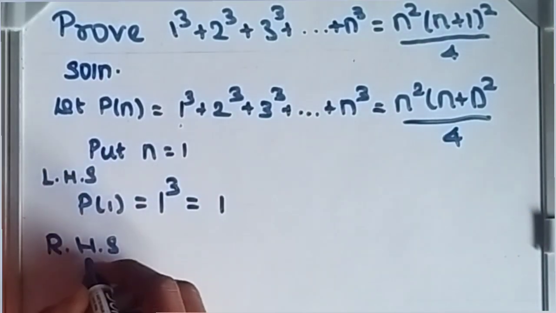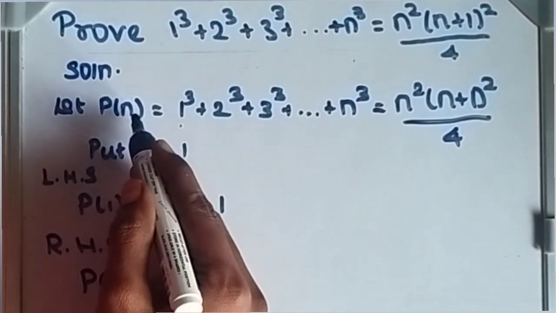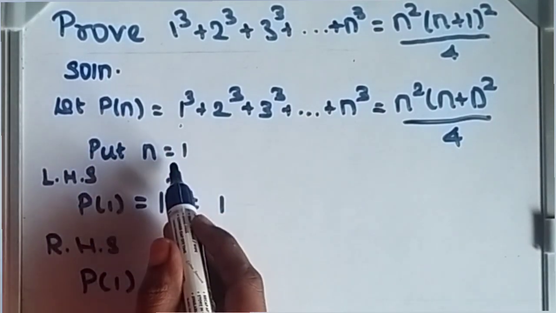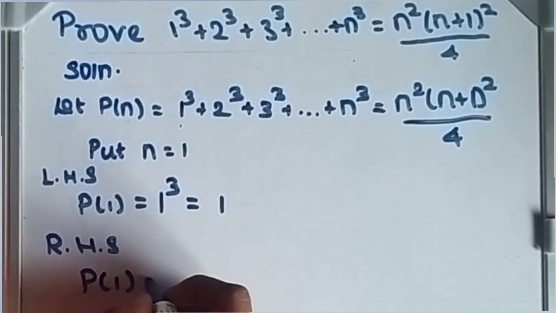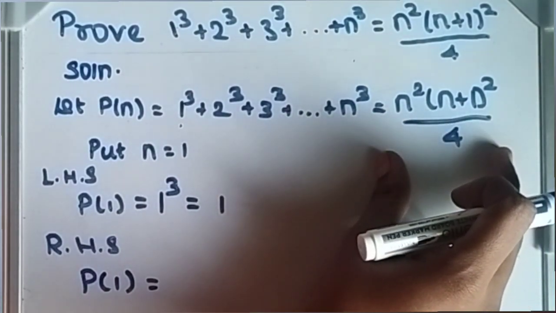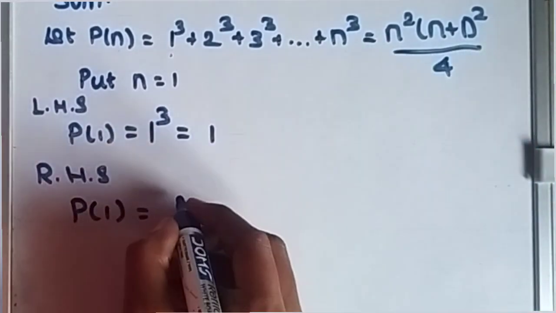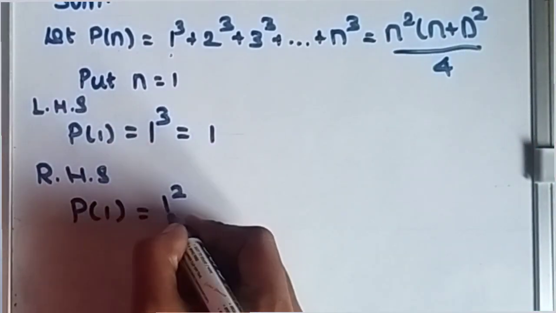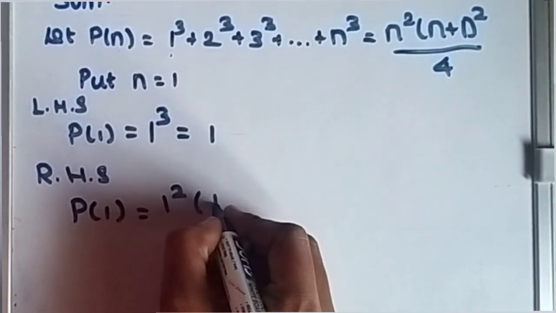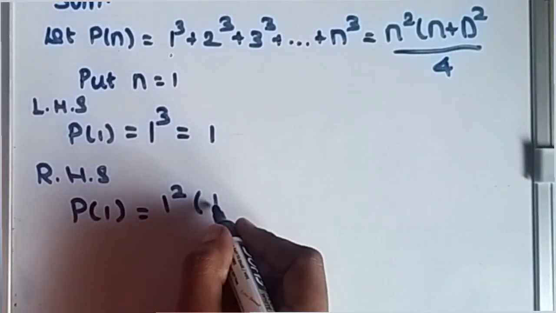So what is the right hand side? P of n, so I will put n equals 1. So p of 1 equals, we have to take this entire term as the right hand side. In place of n we have to substitute 1. So n squared, so 1 squared multiplied by (n plus 1) the whole square; in place of n I will put 1.